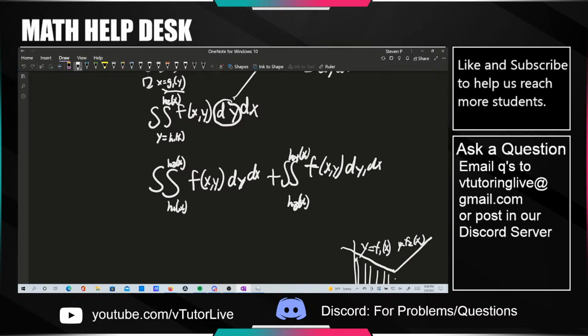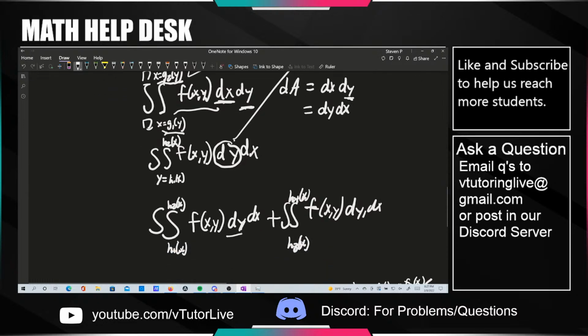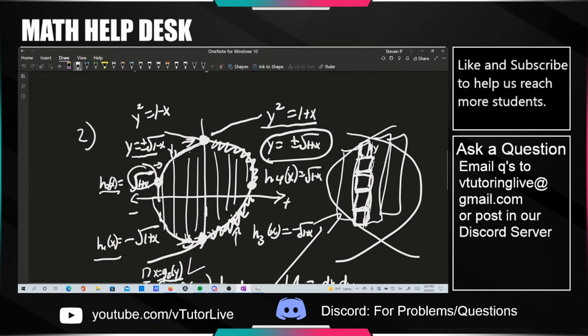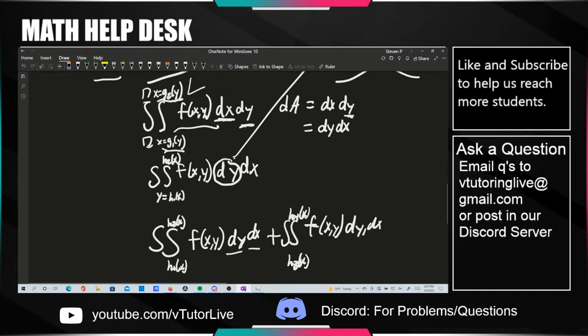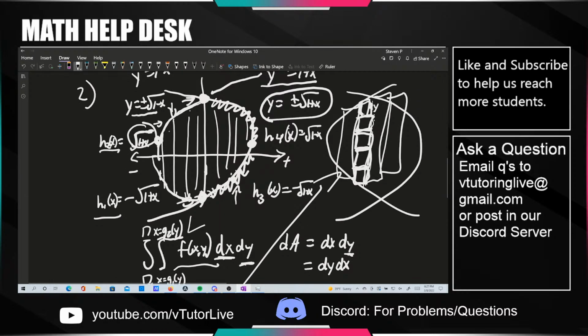You've got to split it apart for dy dx, because for this particular set of bounds, when you're integrating with respect to y first and x last, it uses this information over here.